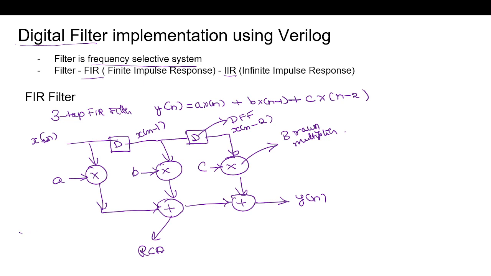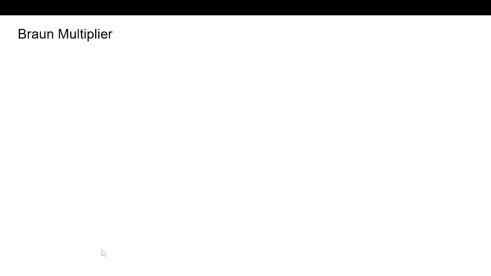So this circuit, the 3-tap FIR filter, requires 3 multipliers and then 2 adders. This is one type of multiplier which is used for unsigned multiplication, and for an n cross n multiplication.